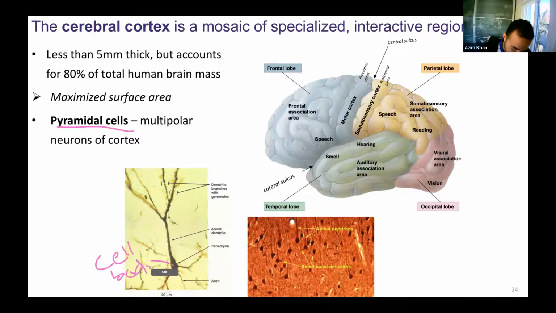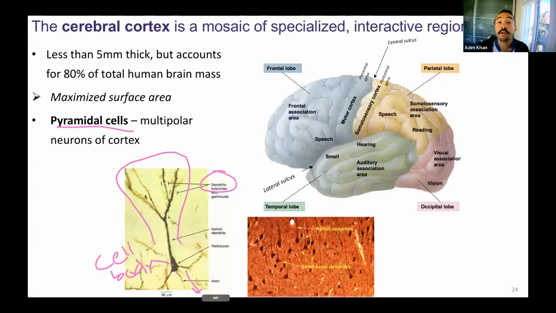You can see the cell body right here. You can see dendrites extending off in one direction and then an axon going off in another direction. This pyramidal cell is a multipolar interneuron. Dendrite, cell body, axon, axon terminal are all found within the central nervous system.